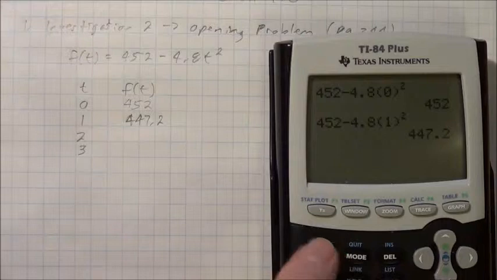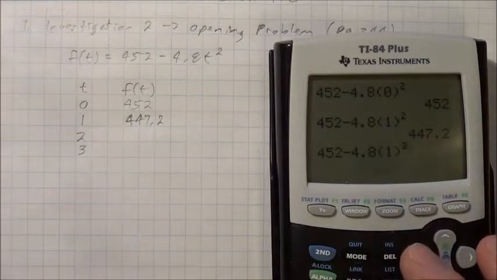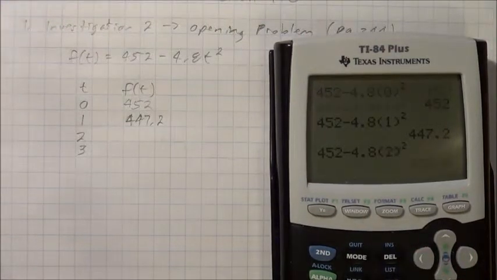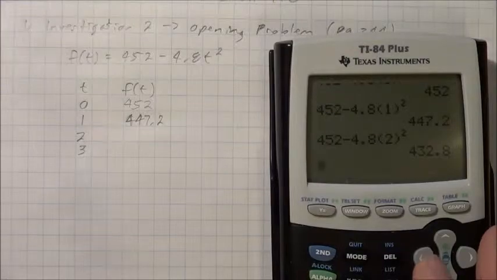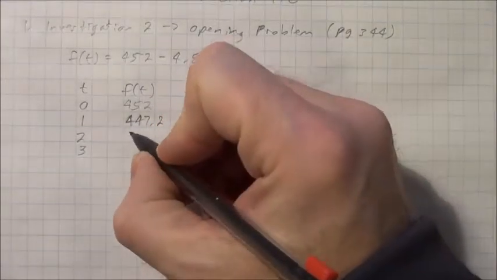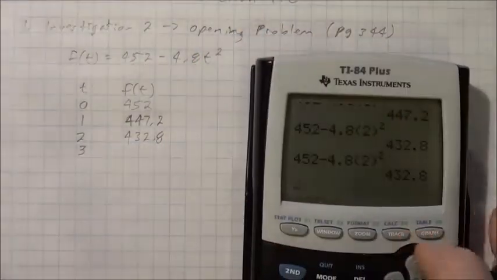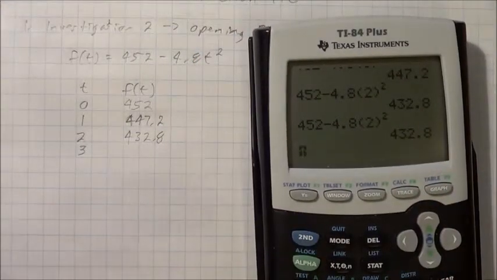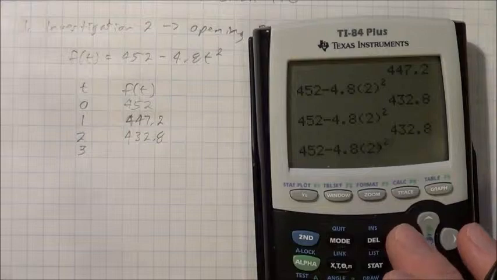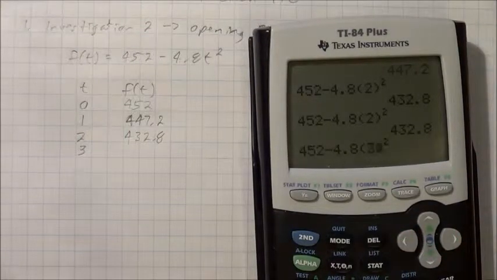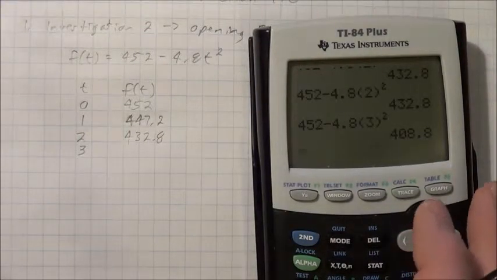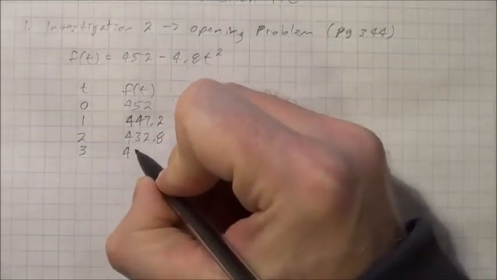Then 2 seconds gives 432.8 meters. And then 3 seconds gives 408.8 meters.